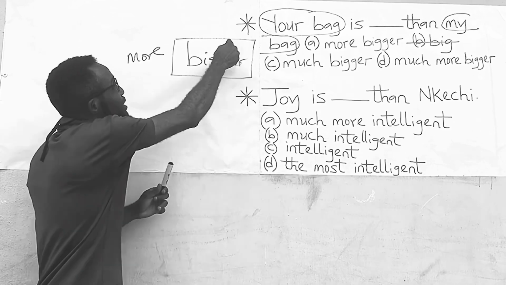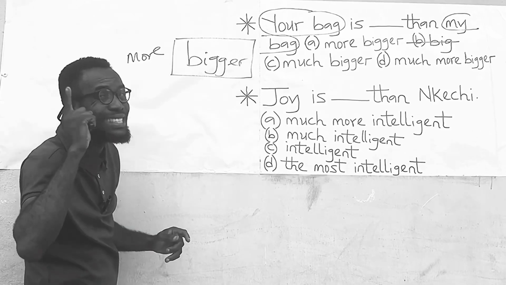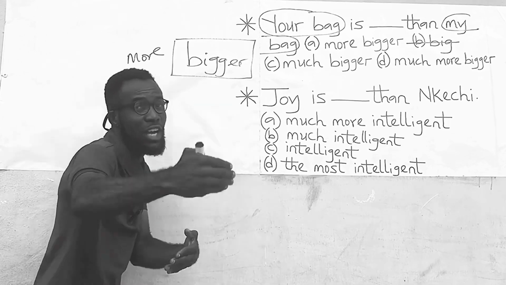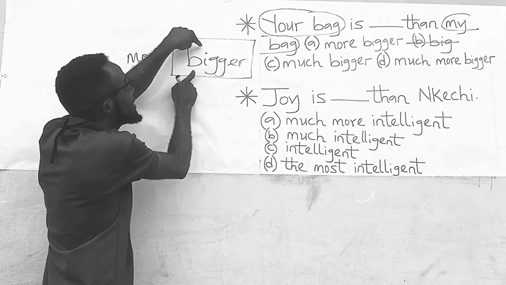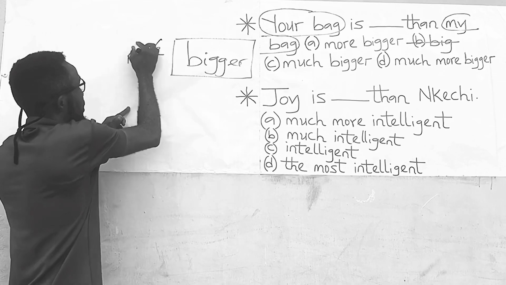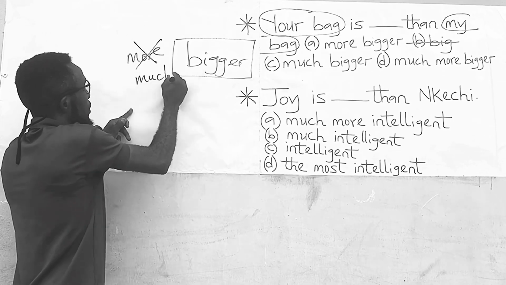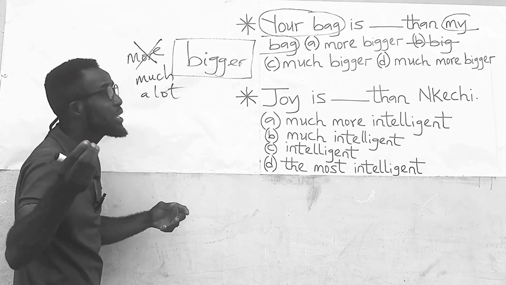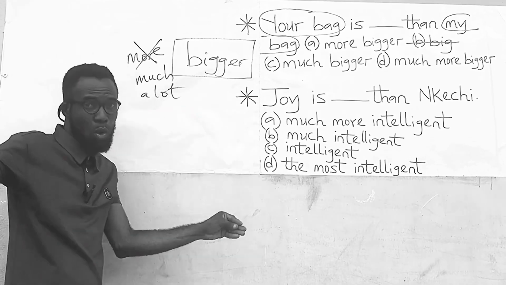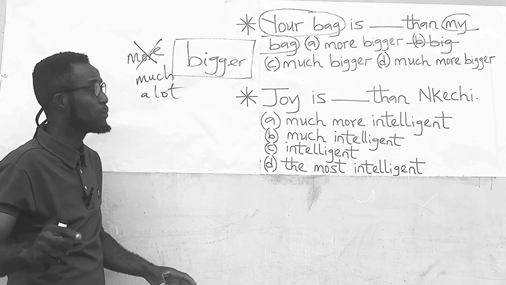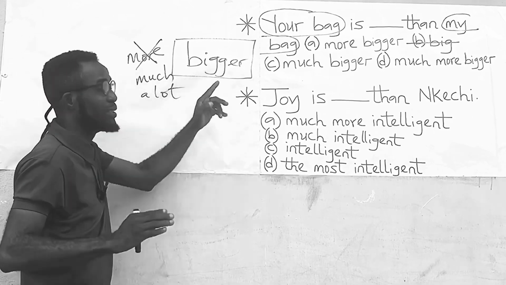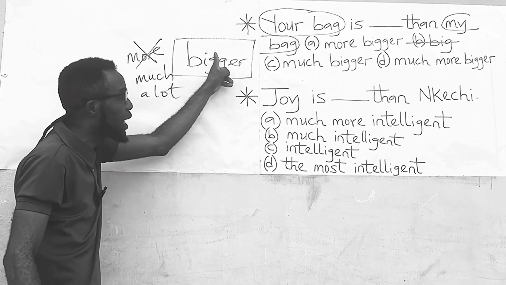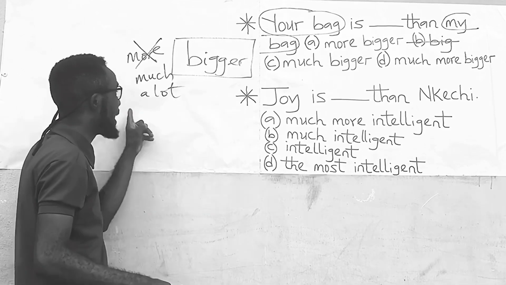It is either we are using this comparative adjective the way it is, that is, your bag is bigger than my bag, or if we must precede it by anything, it has to be much or a lot. So that we can say your bag is bigger than my bag using the comparative alone, or your bag is much bigger than my bag, preceding it by much, or your bag is a lot bigger than my bag, preceding it by a lot.